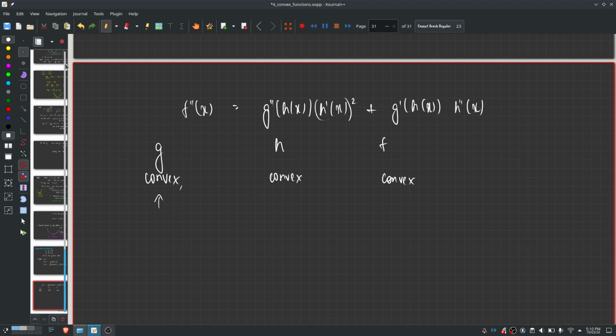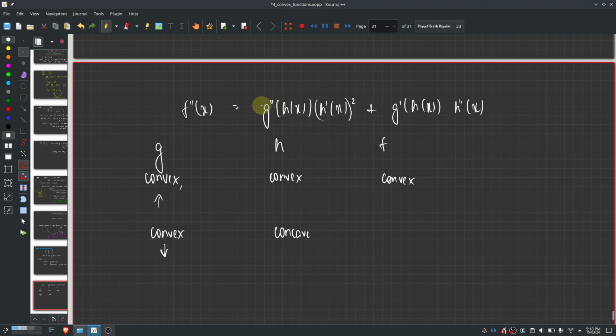Suppose g is still convex, and maybe it's monotonically decreasing or non-increasing. Correct. If h is concave, correct. So if g is convex and monotonically decreasing, and h is concave.